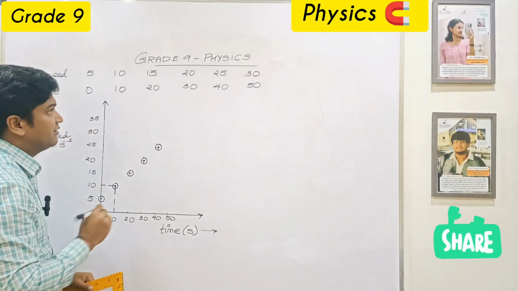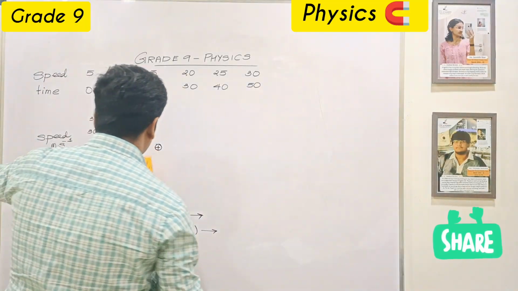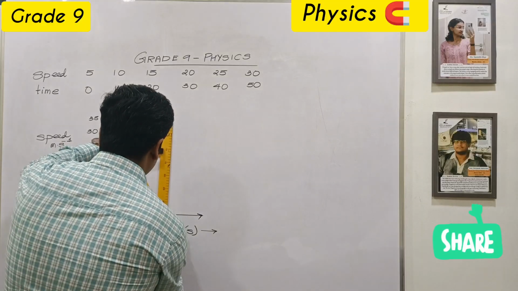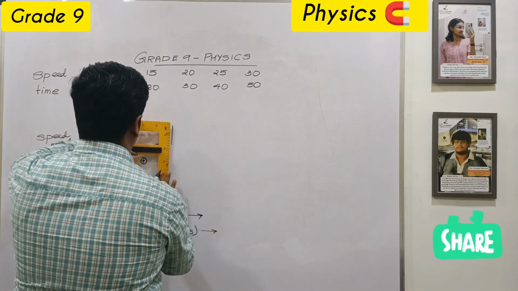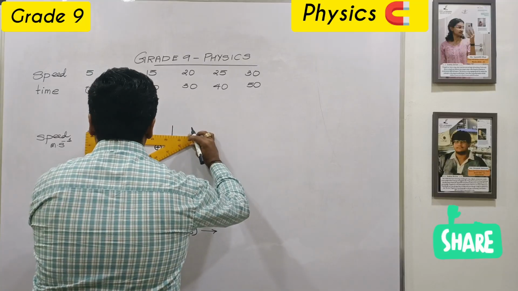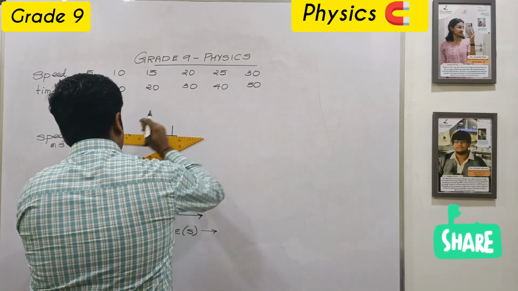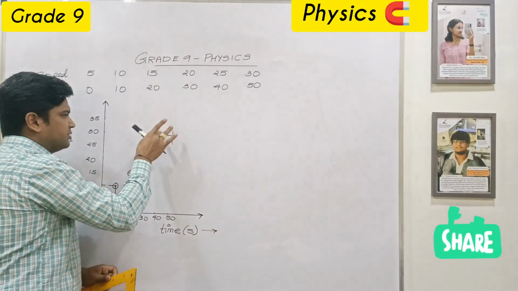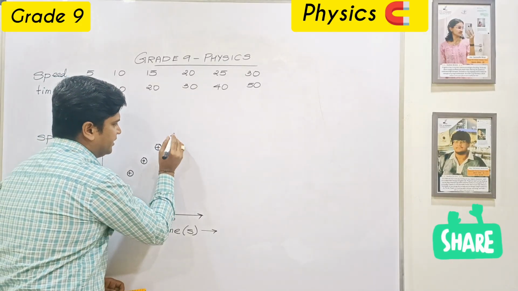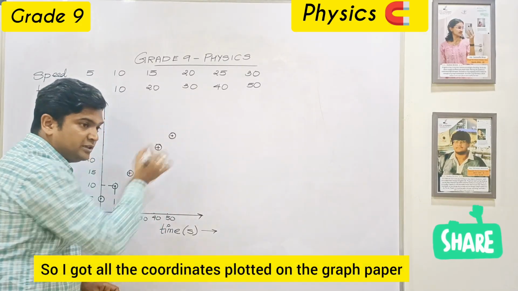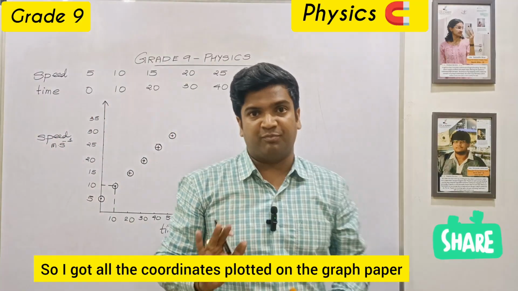And for 50 seconds, the speed is 30. Done. So I have all the coordinates plotted on the graph paper.